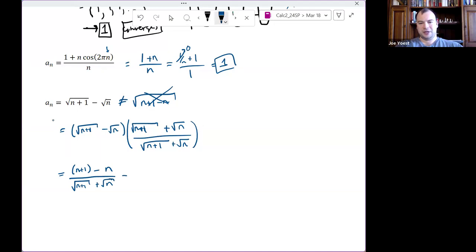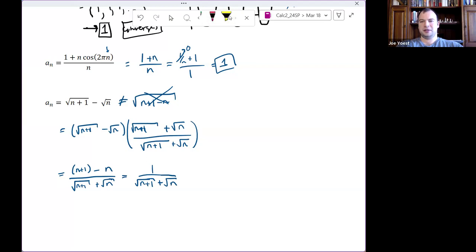Let me simplify a little bit. n minus n goes away. I get 1 over root n plus 1 plus root n.